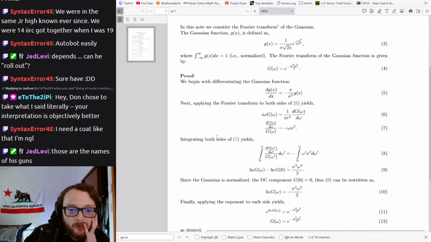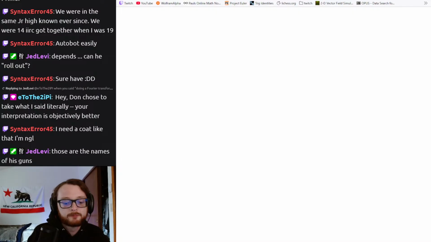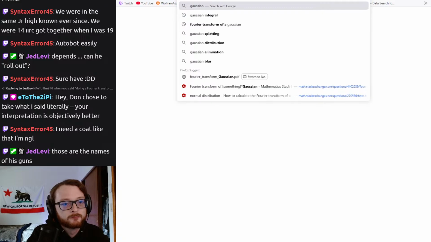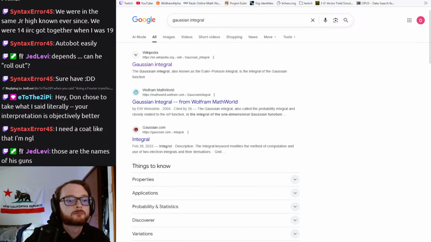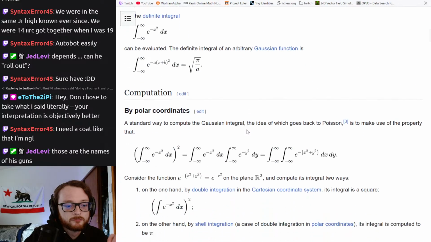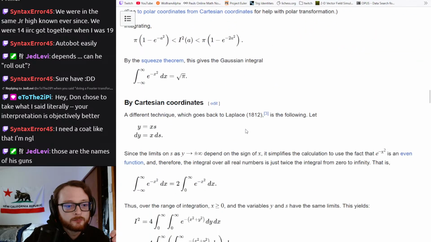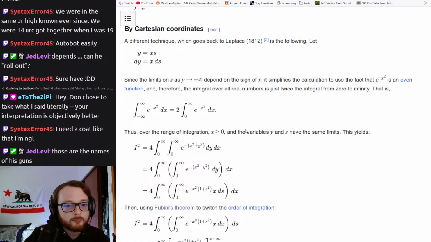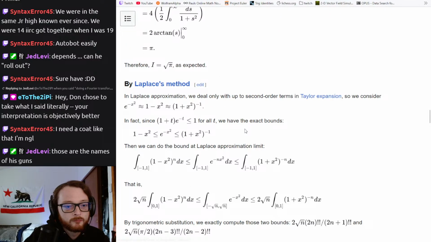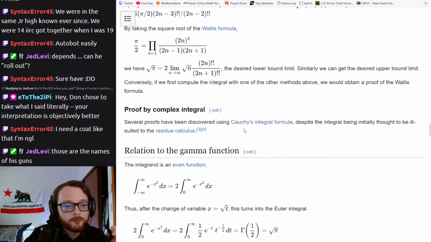Well, this isn't the integral I was trying to do. Not polar coordinates. Oh, should I just use a series?